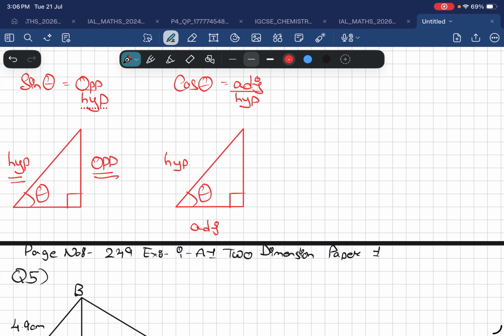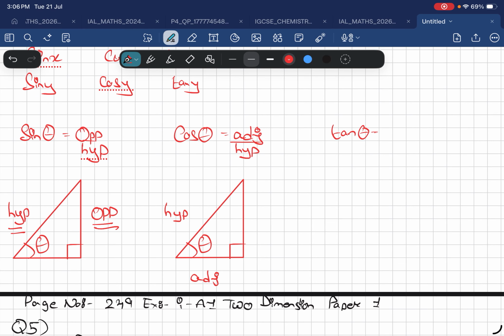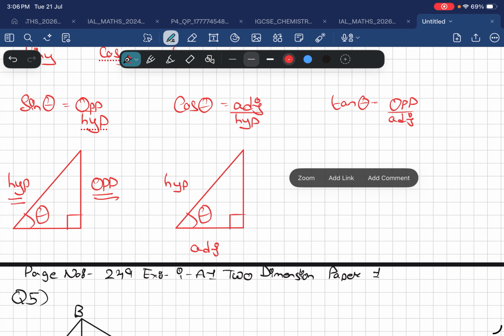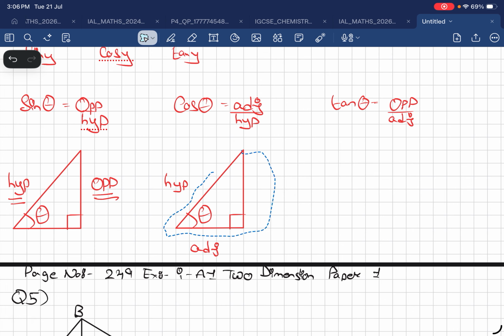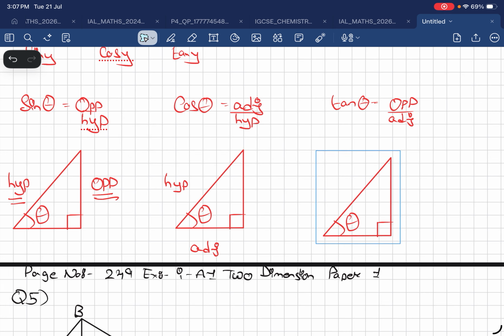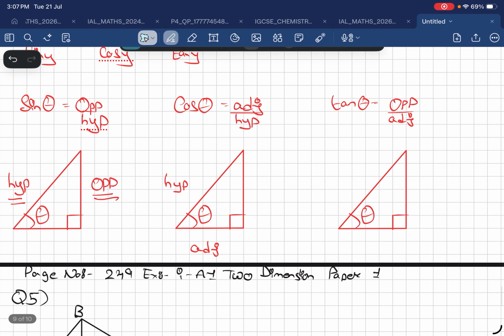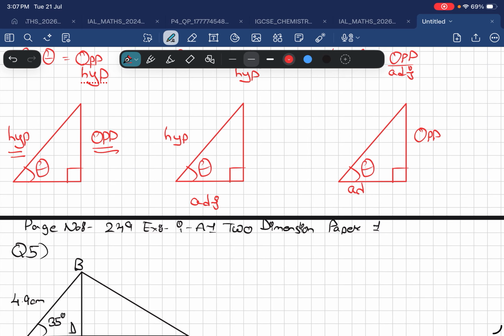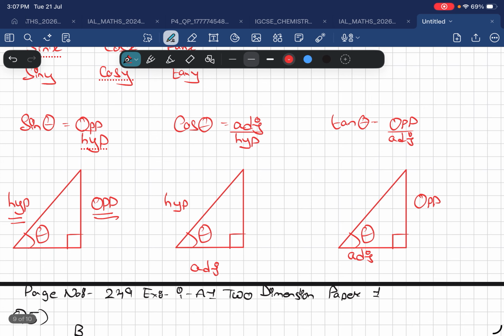And if you divide opposite, the side opposite of the angle alpha or theta, by adjacent, the remaining side, we will get tan theta. Let me show this one for you. The side opposite of the angle, theta or x and y, the alphabets or variables don't matter, and the remaining side is adjacent.